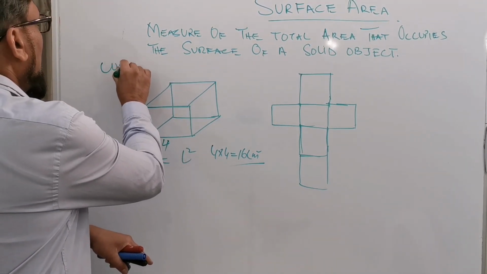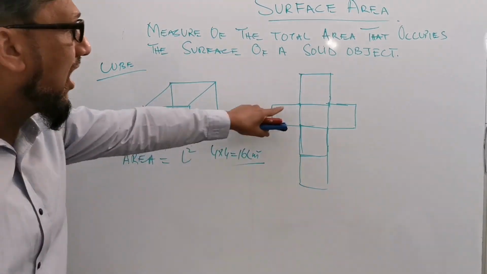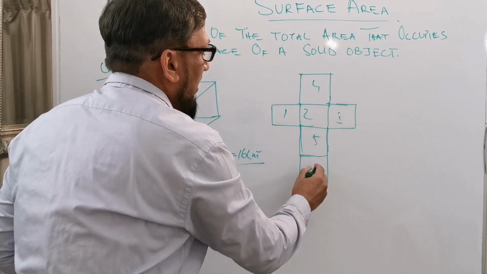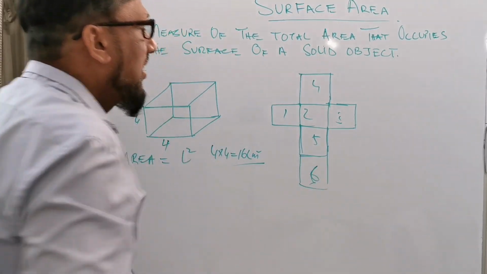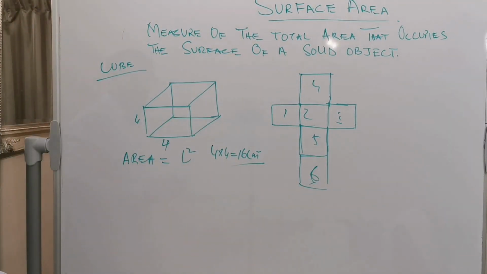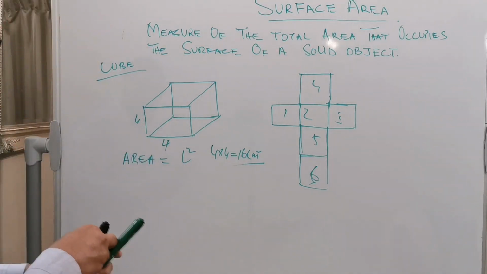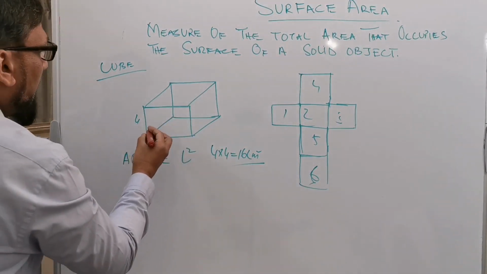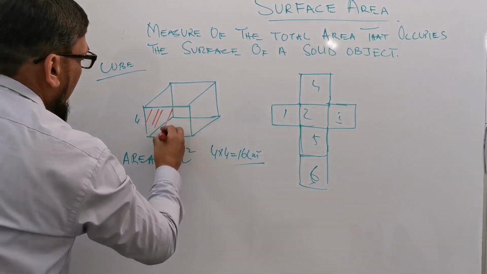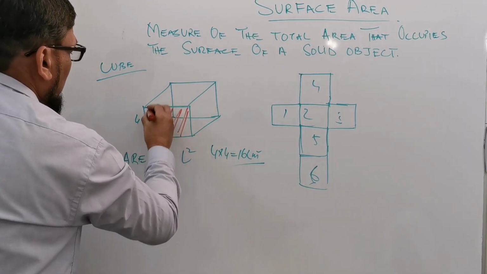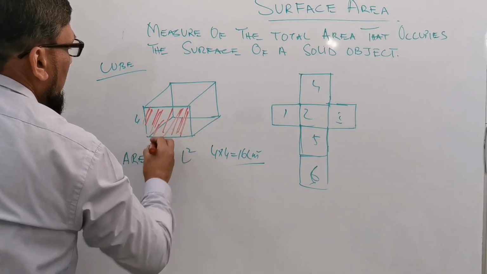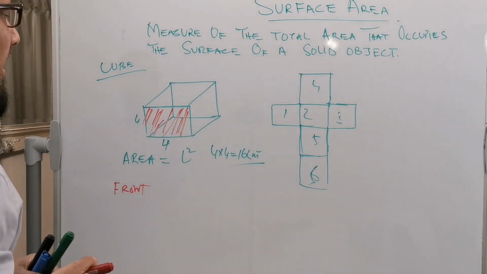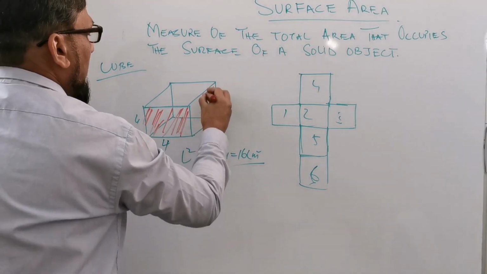This is a cube. How many faces does it have? 1, 2, 3, 4, 5, 6. There are 6 faces. I'm going to discuss this further. If you look at this cube, there is the shaded one, which is the front, and the back one I'm going to shade with red color.